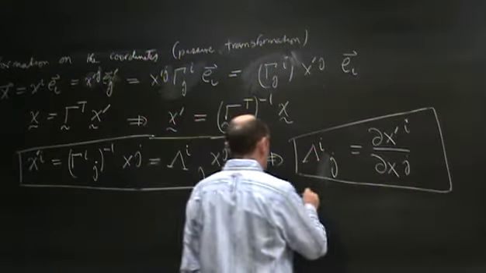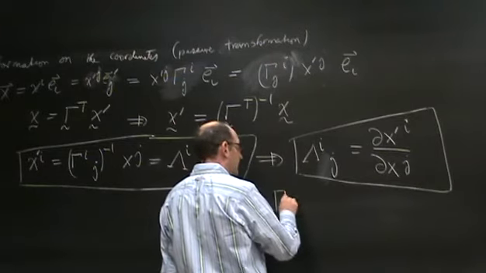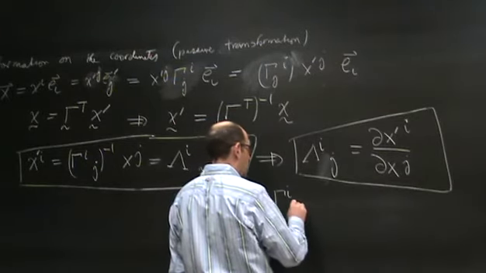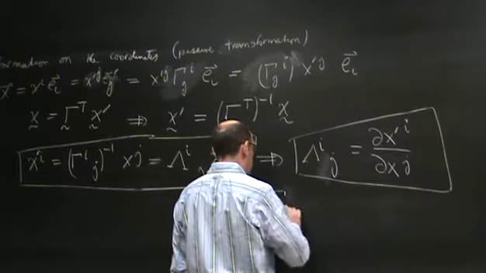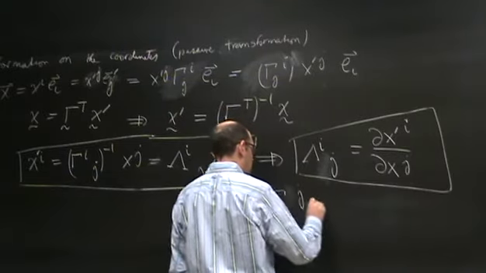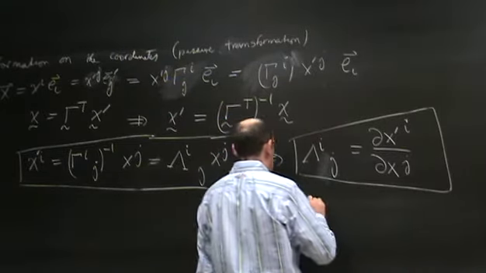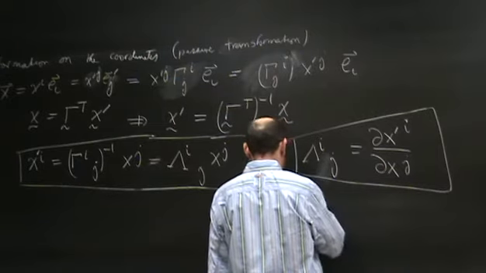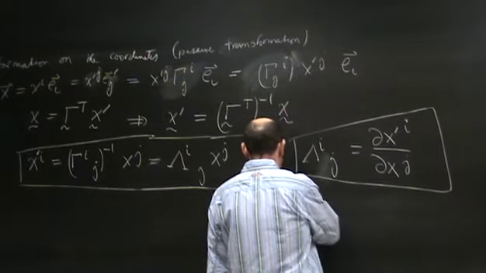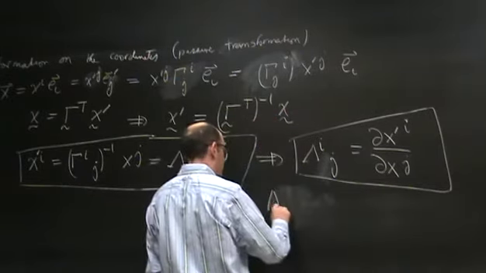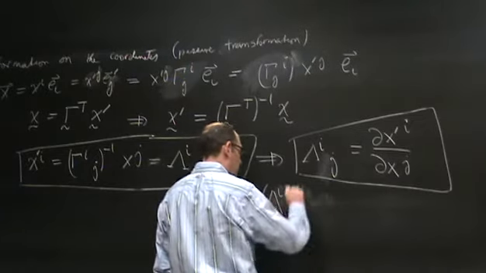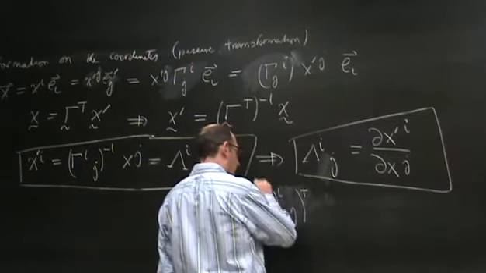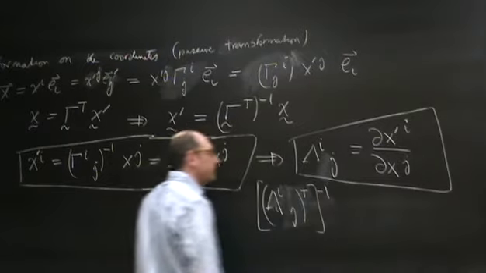Moreover, if I look at the gamma matrix, let's take the transpose of this and then take its inverse.